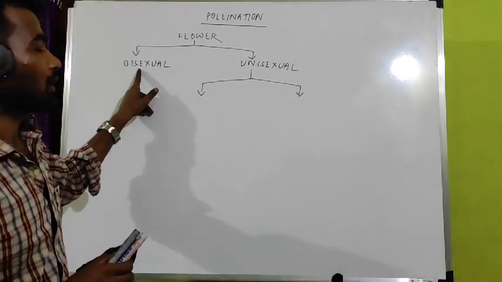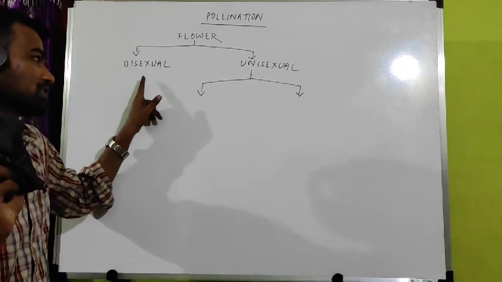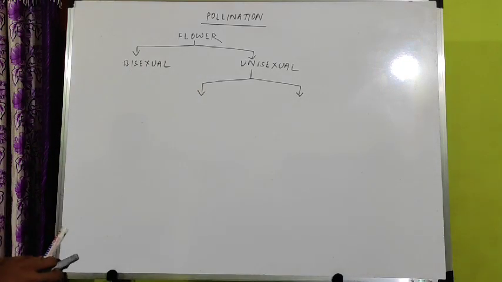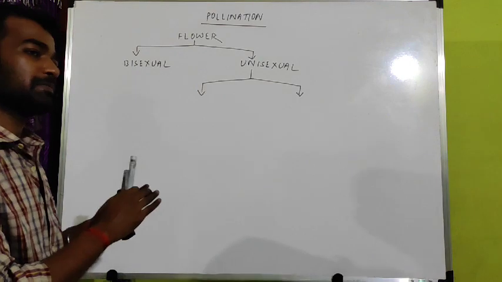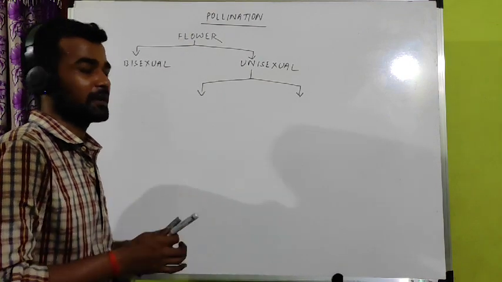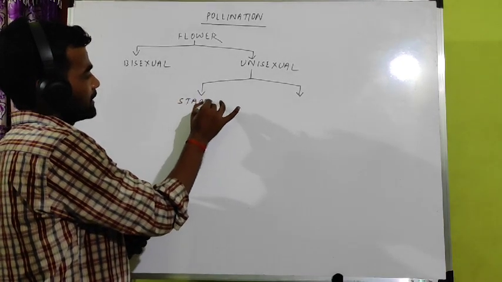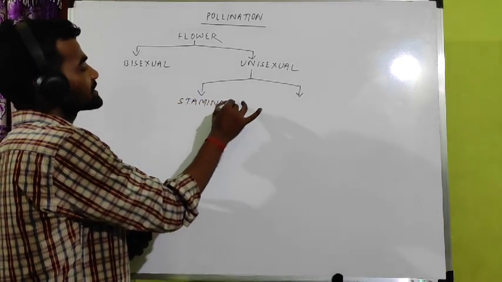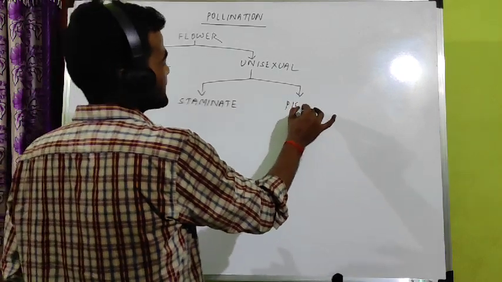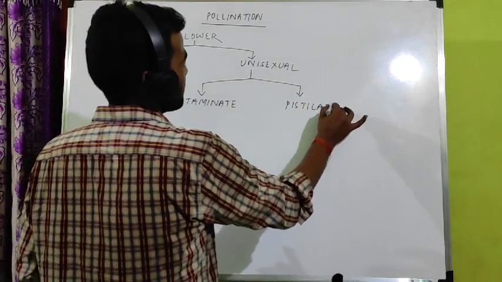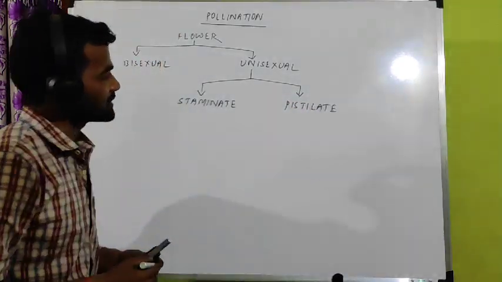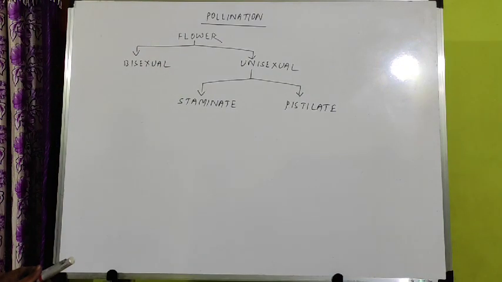A unisexual flower is missing either stamen or carpel: if stamen is present, carpel is absent, and if carpel is present, stamen is absent. So unisexual flowers are two types: staminate if only stamen is present, and pistillate if only pistil or carpel is present.